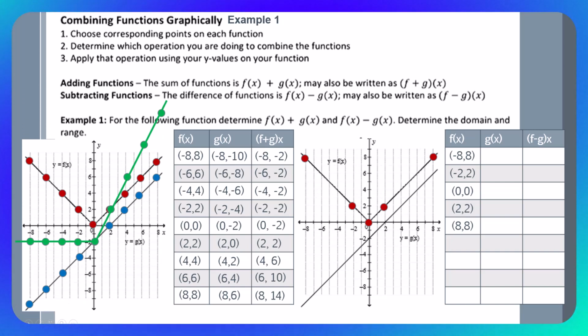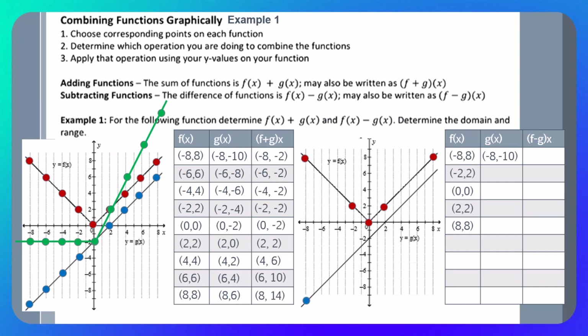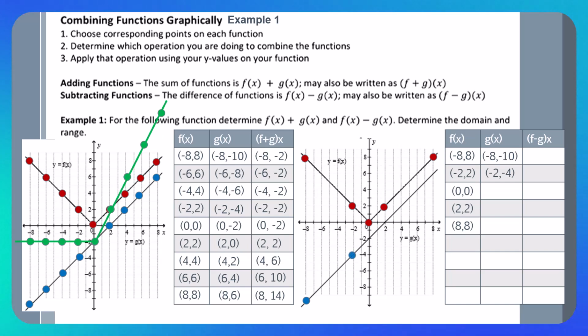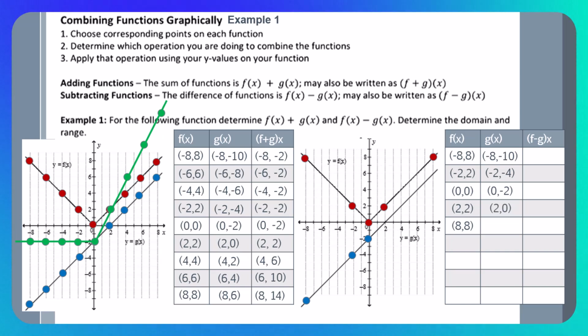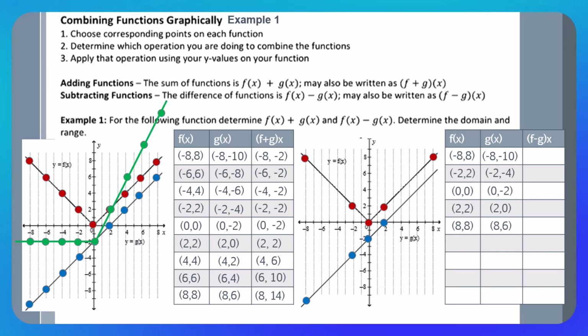If I look at -8 and I go down to that linear function that matches with -8, -10, -2 is going to be -4, plot that point. 0 is going to be at -2. 2 is going to be at 0. And 8 is going to be at 6.